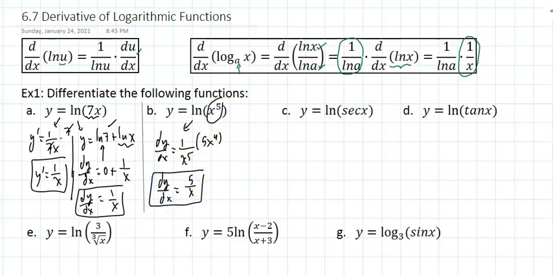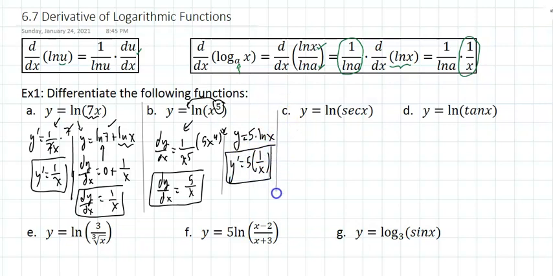Another way of doing this problem is to say, I can take this by the third law of logs, y equals 5 times the natural log of x. When you take a derivative, 5 is a constant. The derivative of natural log of x is 1 over x. And there it is. So that's what I'm going to really do with those.